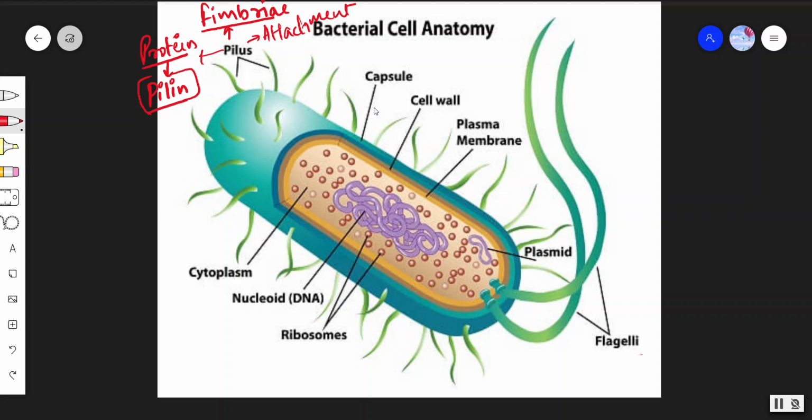Next comes the outermost layer, and the outermost layer is the capsule. Okay, the capsule is made up of gelatinous polysaccharide and polypeptide.